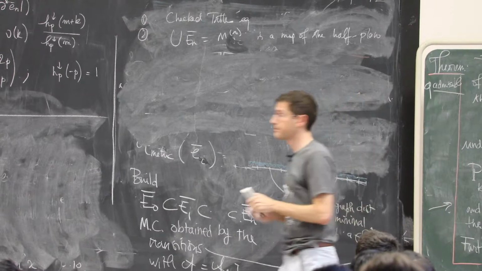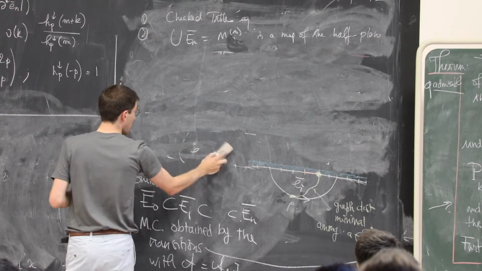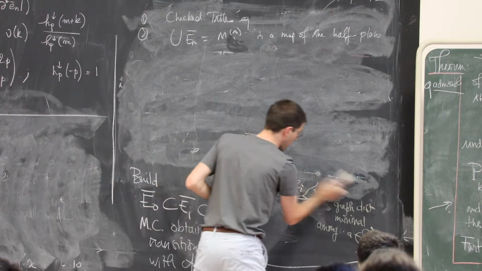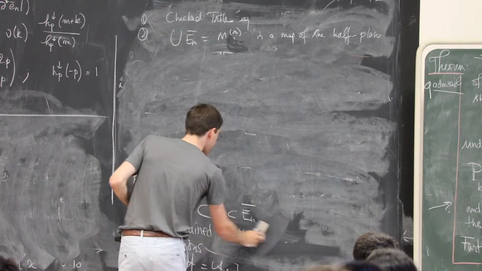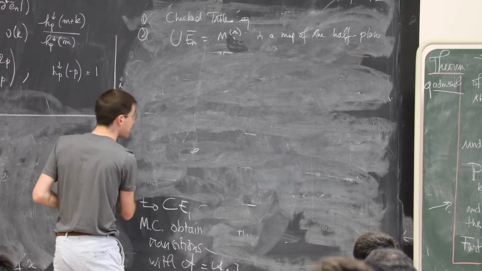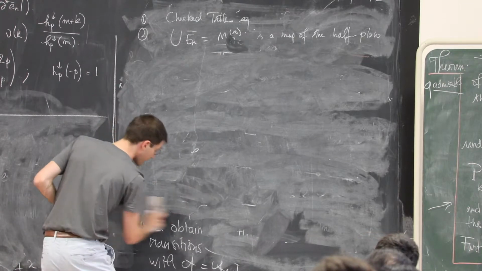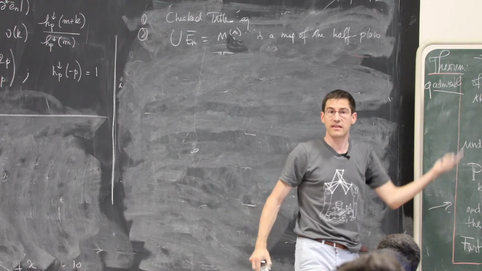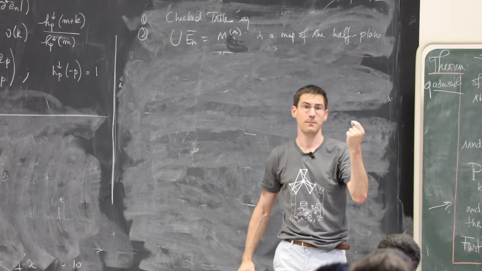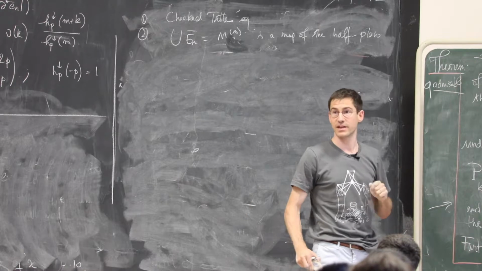Am I done? No, I'm not done, because look at the theorem. The theorem tells you that this map of the half plane, so this M infinity or this law P infinity, should satisfy this. Should satisfy the fact that for any peeling algorithm, this is a Markov chain.